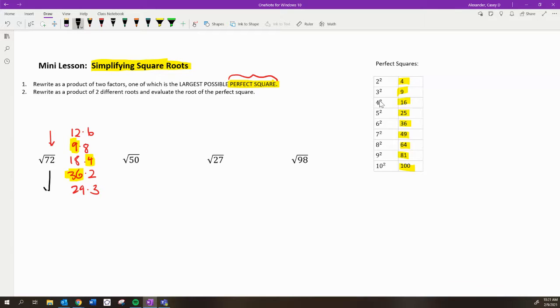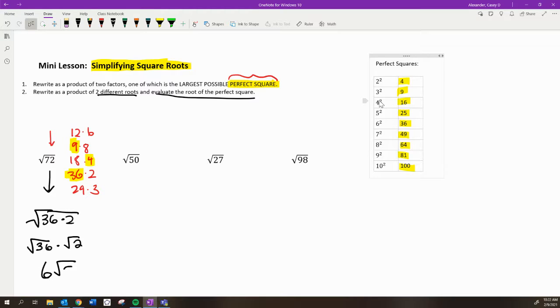So I can rewrite the square root of 72 as the square root of 36 times 2, right? Because 36 times 2 is 72. But like I just showed you, you can split that into two roots like this. And then I can rewrite it as the product of two different roots and evaluate the root of the perfect square. So the square root of 36 is 6. And then I just have that times the square root of 2.